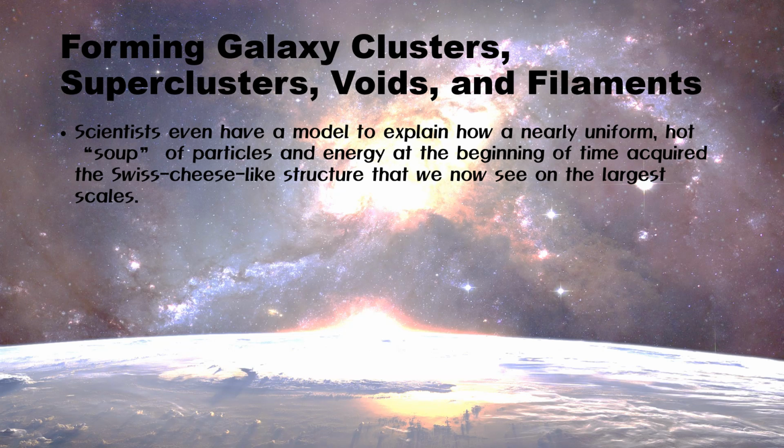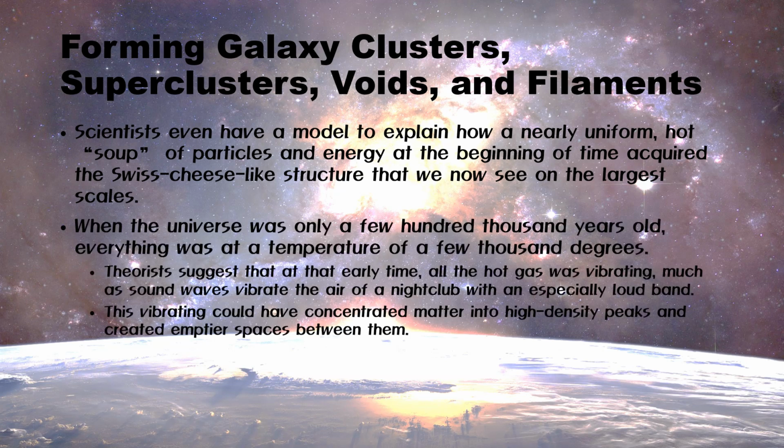Now, scientists even have a model to explain how a nearly uniform hot soup of particles and energy at the beginning of time acquired the kind of Swiss-cheese structure that we now see on the largest scales when we look at these filaments and voids. When the universe was only a few 100,000 years old, everything was at a temperature of a few thousand degrees.